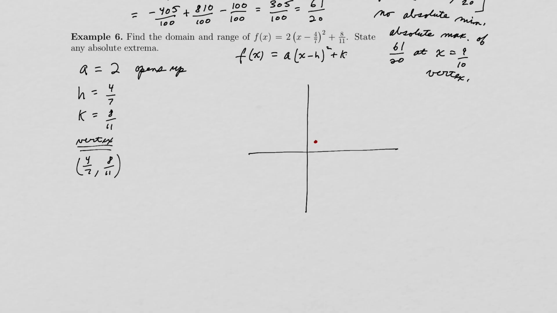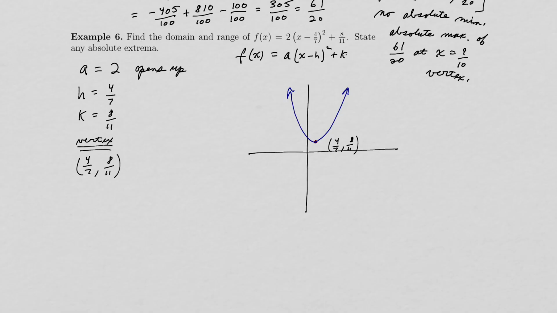So that has coordinates 4/7, 8/11, right? It's the vertex. And this is somehow going to open upward like this. We could find the y-intercept. Looks like there's no x-intercepts, right, in this case. We could find the y-intercept, but we don't need it to state what the domain and range are.